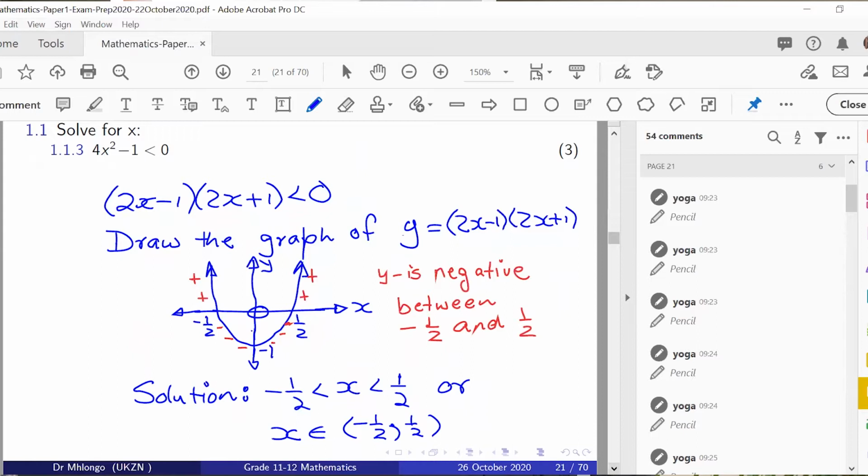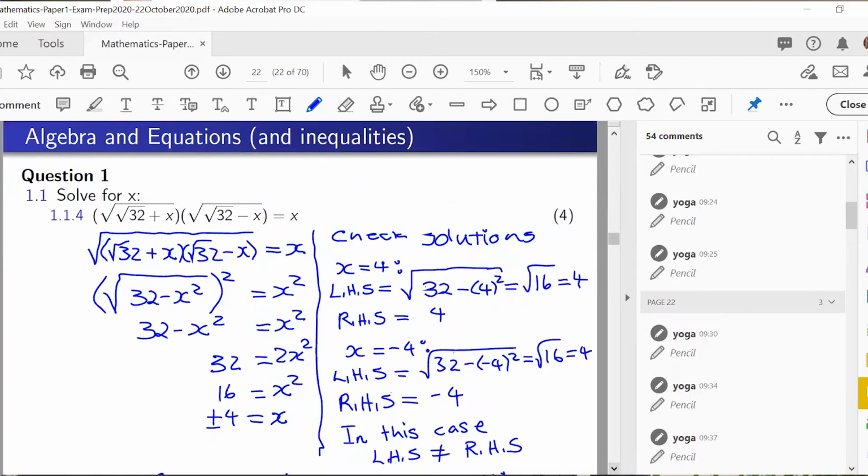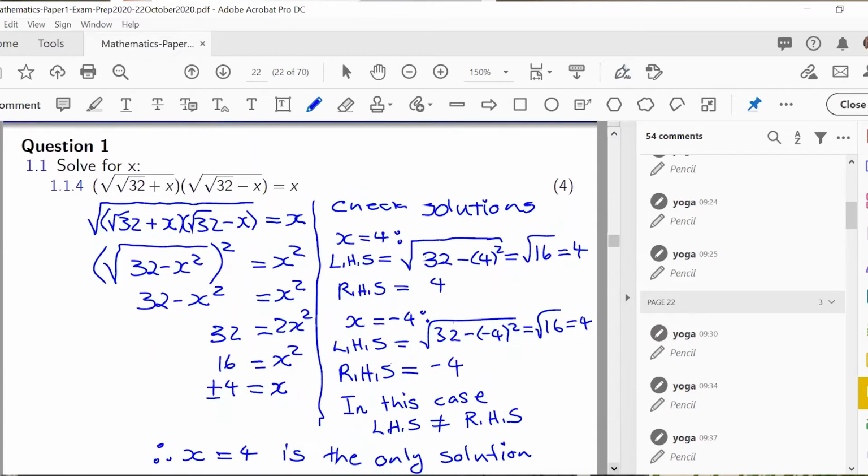Now, we discussed this again last time, so I'm not going to go through it. Solve for x in this set. We did that question.